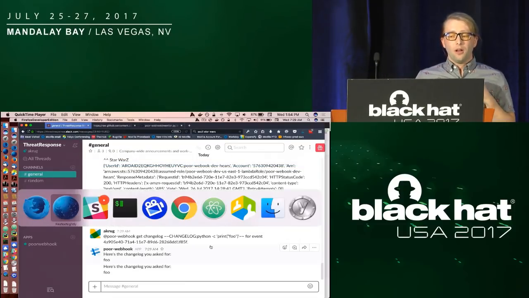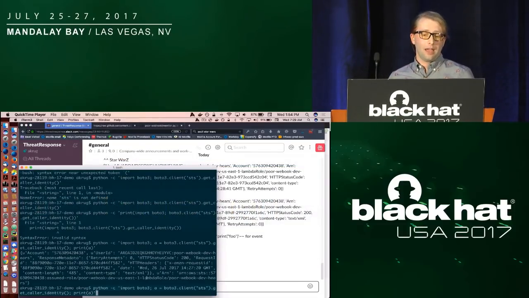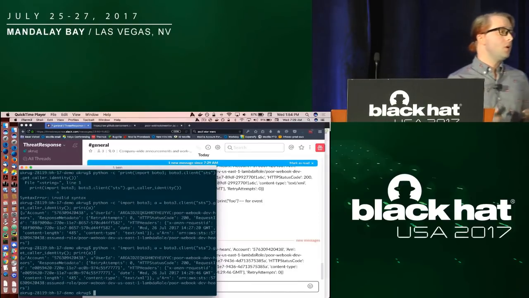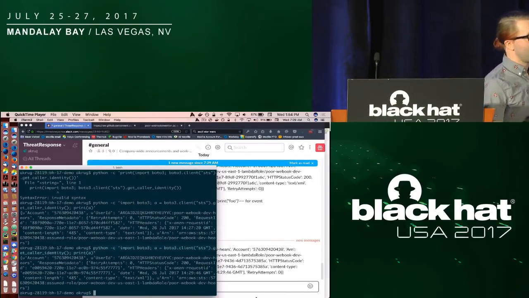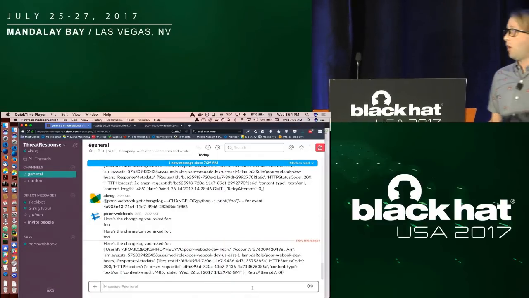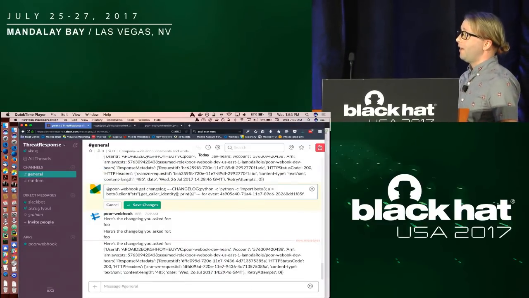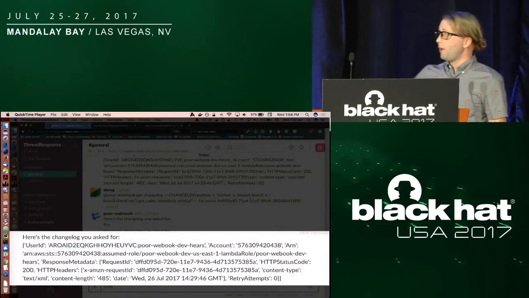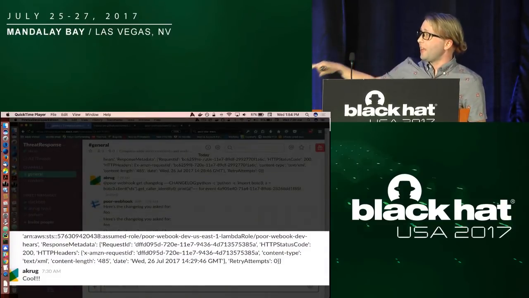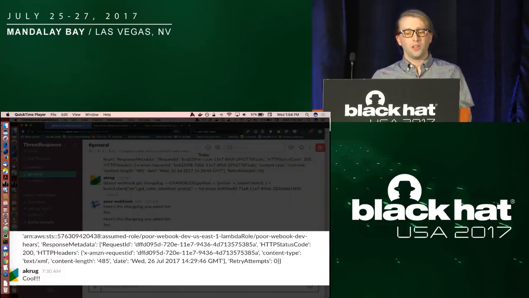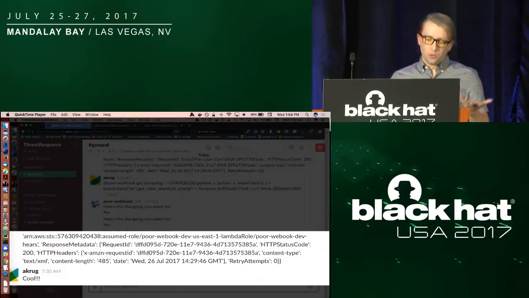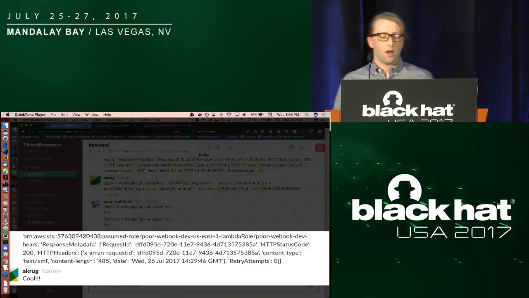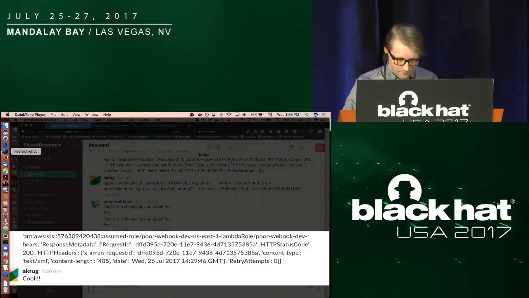We know from our profile output that Lambda has Boto by default, so we can do any exploration of the AWS account that we want using Boto calls. And this is where that one-line Python stuff really comes into play. You see here I ran get caller identity inside the sandbox using only a one-line Boto call. So you can explore inside and outside the Lambda sandbox using these one-liners.